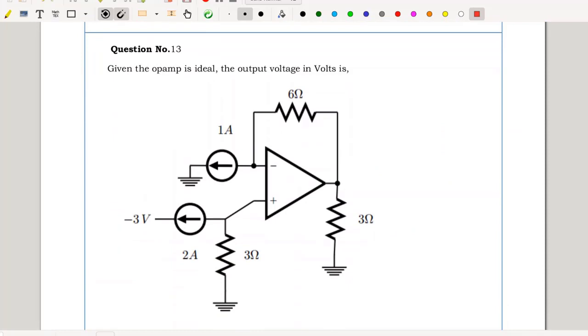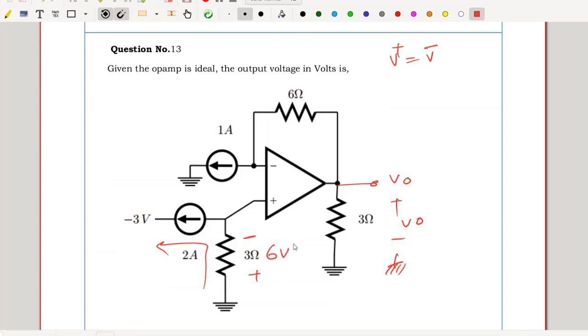Question number 13. Given the op-amp is ideal, the output voltage in volts is. This V out is to be identified with respect to ground. Op-amp is connected in negative feedback mode, hence V plus equal to V minus is valid. 2 amperes circulate like this, develops a voltage of plus minus 6 volts. That implies my V plus with respect to ground is minus 6 volts.